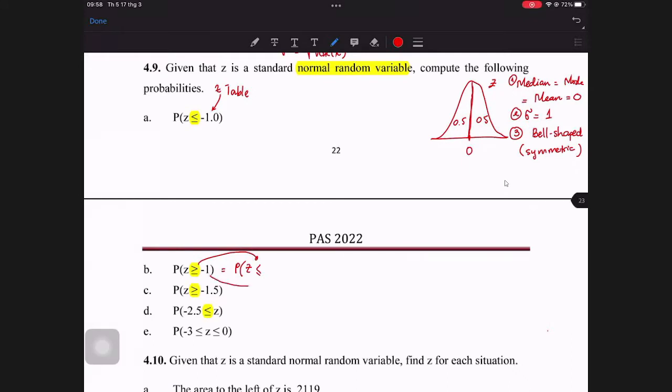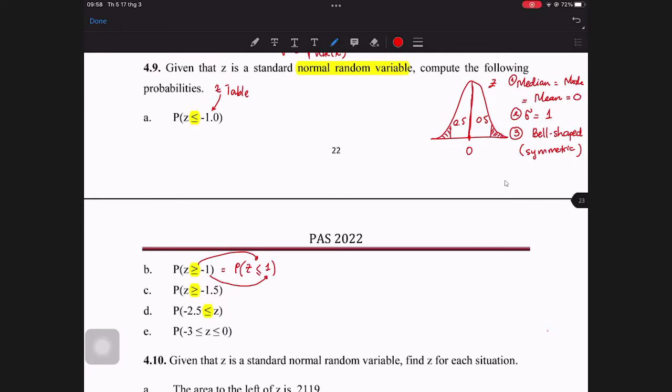So for this, we can easily change it into this. So you change the direction of the sign and you change the sign of the value. The reason why we can do it is because that distribution is actually symmetric. So for example, the probability here and the probability here, these 2 areas here must be the same.